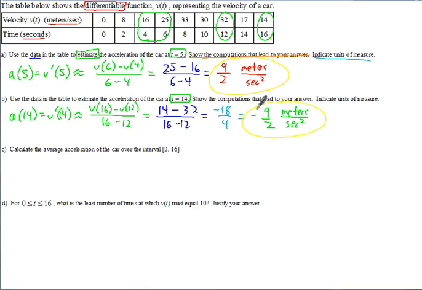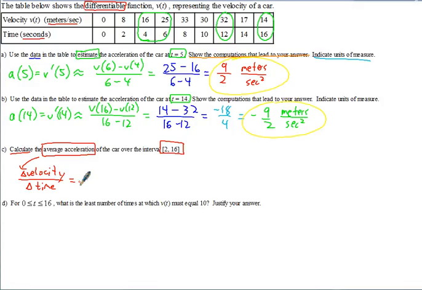Then it says calculate the average acceleration of the car over the interval 2 to 16. So average acceleration, remember, doesn't use the acceleration function at all. Here it says calculate, it doesn't say estimate, because we can get this exactly. Average acceleration, remember, is the change in velocity over the change in time.